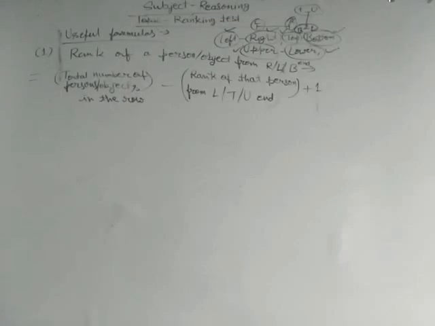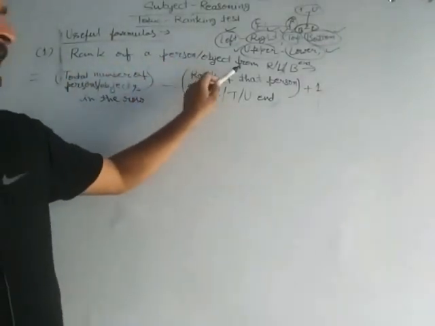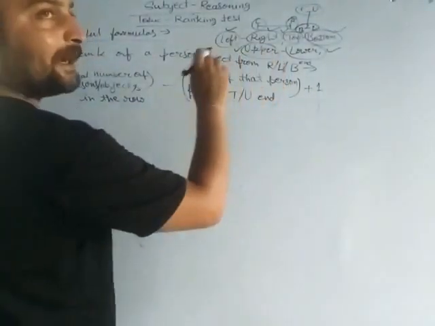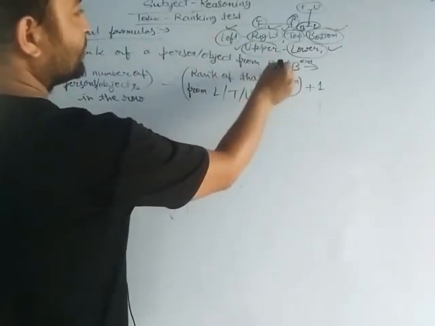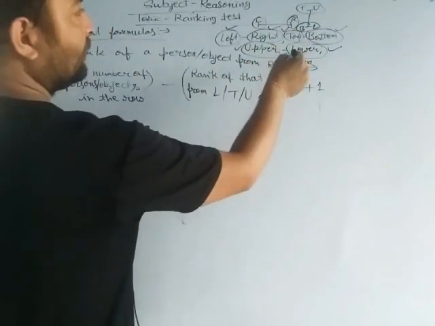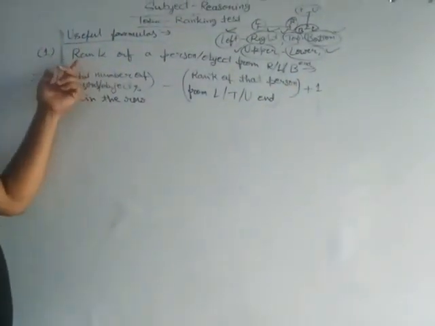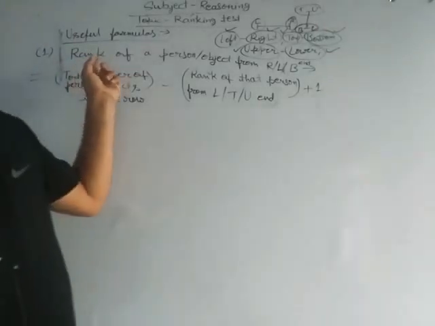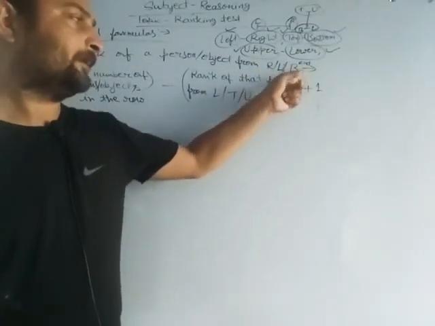In the first formula, if you are asked to determine the rank of a person or object from right, here R is used for right, L is used for lower, and B is used for bottom end.